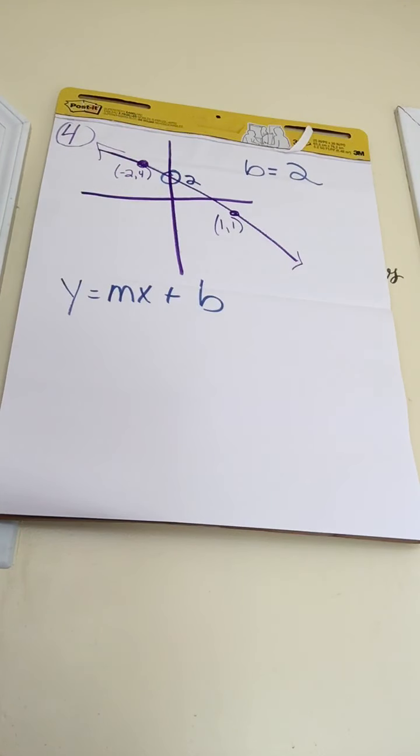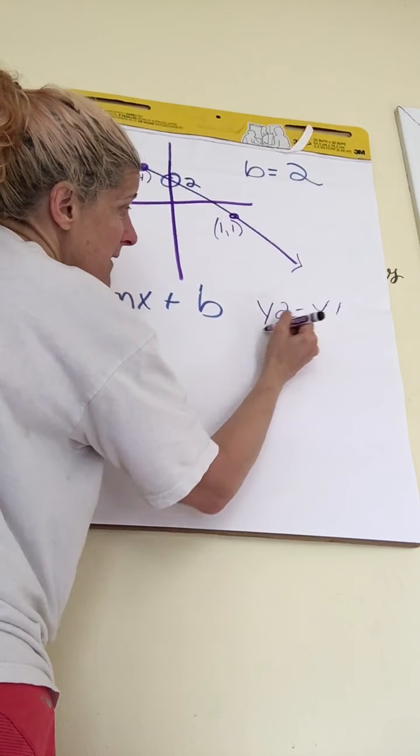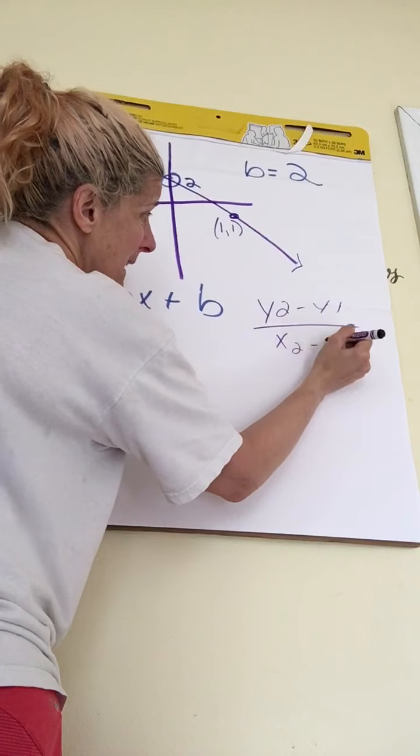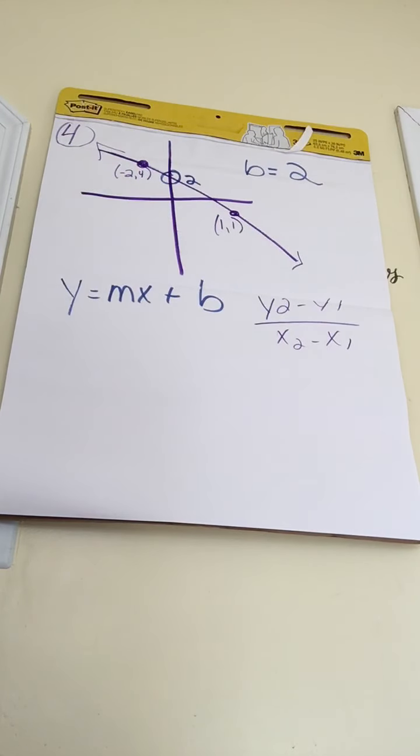So the surefire way is using the slope formula, y2 minus y1 over x2 minus x1. That's what I always use. Now, I have 2 points, and I can find 2 exact points, so that really is the best way to do this.